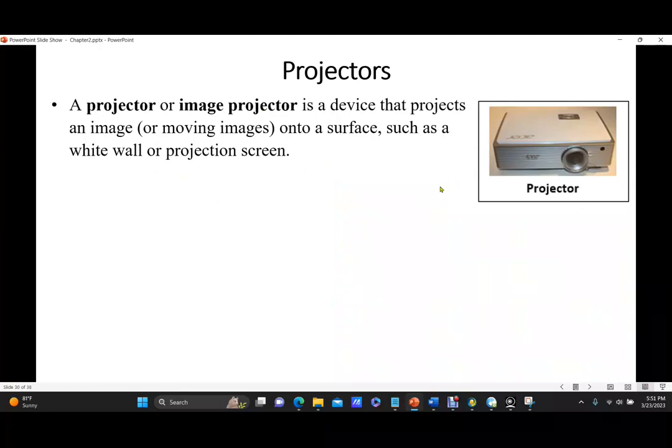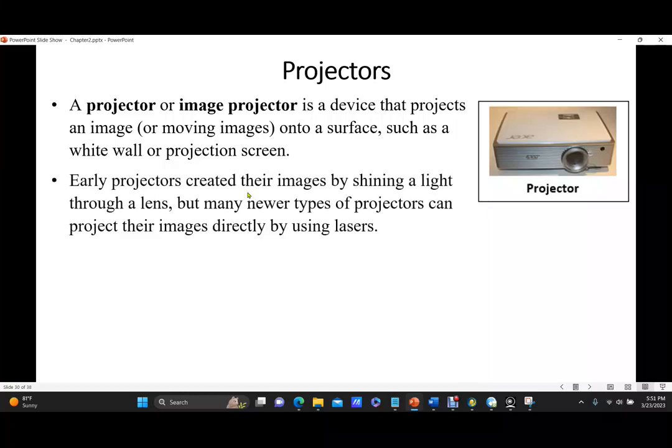Projectors or image projectors project images or moving images onto surfaces like white walls or projection screens. Early projectors created their images by shining a light through a lens, but the newer projectors can project their images directly using lasers.